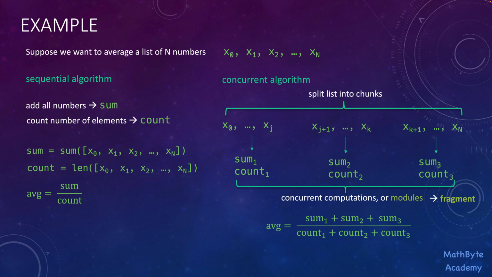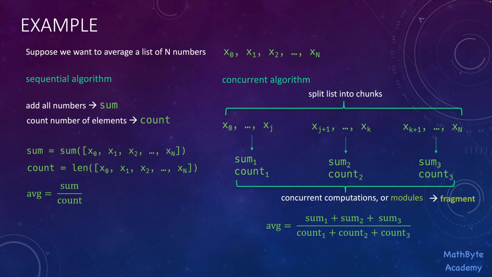And once we've calculated the values for each fragment, sum 1, sum 2, sum 3, count 1, count 2, count 3, we can then gather those results back and calculate the average by taking sum 1 plus sum 2 plus sum 3 divided by count 1 plus 2 plus 3. So that's a concurrent algorithm. So you can see that it's a conceptual thing. It has to do with how you structure the algorithm, how you structure the code that you're going to run.